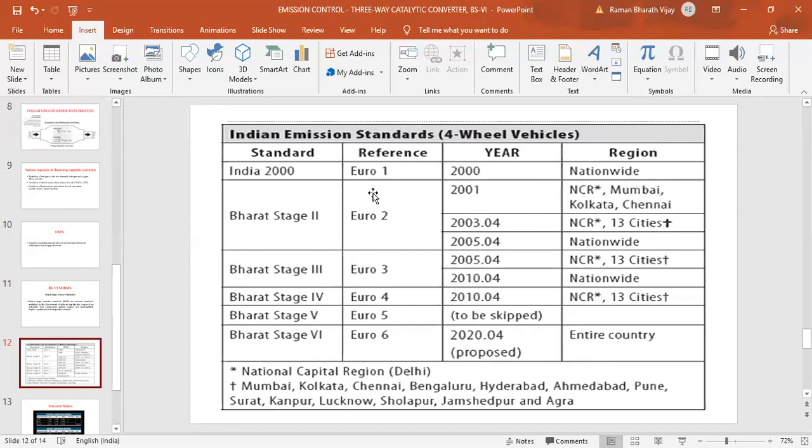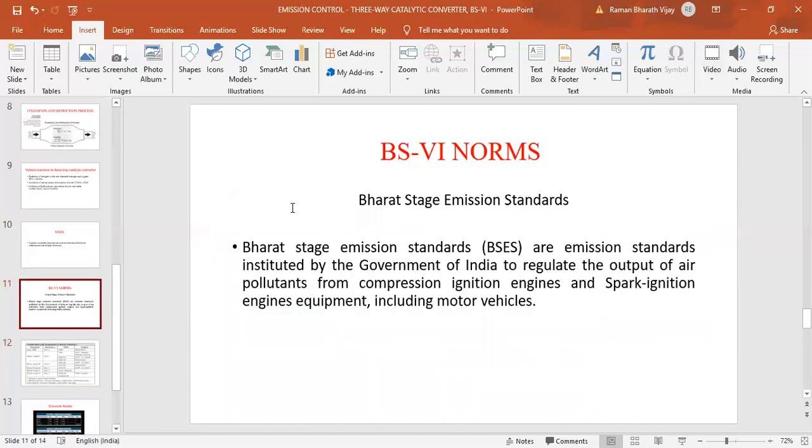And what about Euro? European countries have certain standards to control pollution. For a vehicle, they set a standard that if it is running, it has to emit some gases in a specified proportion. That is the European standard. Based on this European standard, our government of India created a separate standard called BS, Bharat Stage Emission Standard.